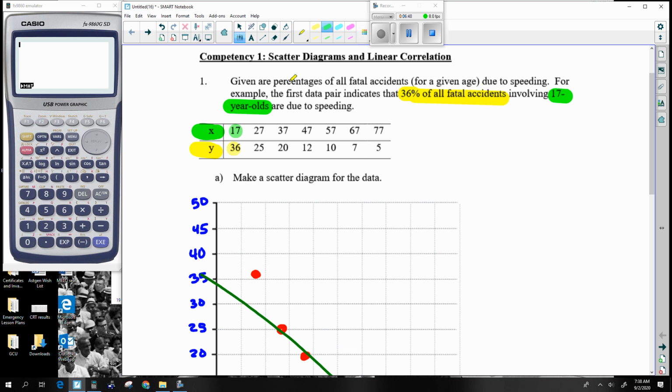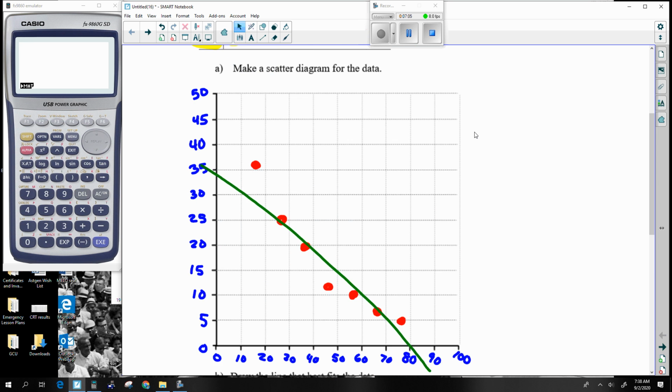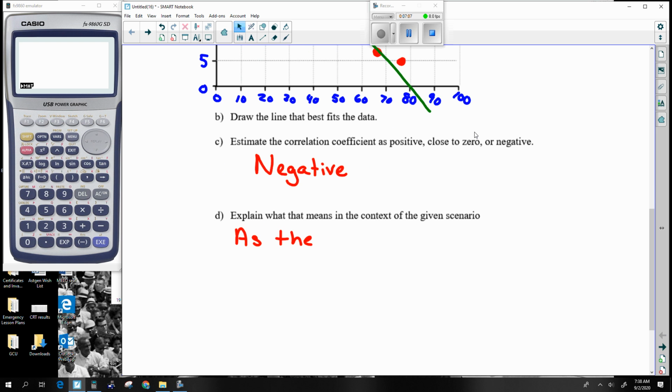Okay. So even though they don't say X is this and Y is that, they give you this pair of data. So, for example, the first pair indicates 36% of fatal accidents, 17-year-olds. All right. So I'm writing my writing prompt, and it's supposed to be as the X increases.